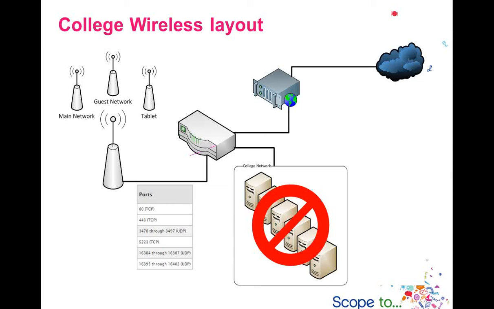Those users go out through a separate internet endpoint that isn't connected to the college network, so guest users are able to come in and connect their devices up and use things like RDP, should they need to, Telnet, and all the other services, protocols that you wouldn't normally let your normal users go out through.